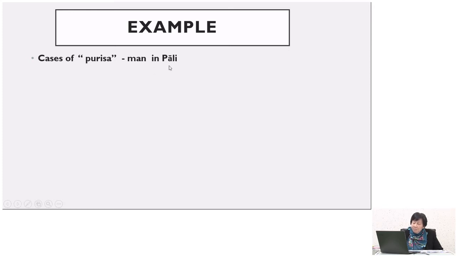In the Pali language, we have the rules that we call the case rules, the rules that control the words into paradigms, into the columns of cases. In Thai, case means vipat, right? So the cases of purisa, which means man in Pali, have different paradigms, the singular paradigm and the plural paradigm, in different forms.